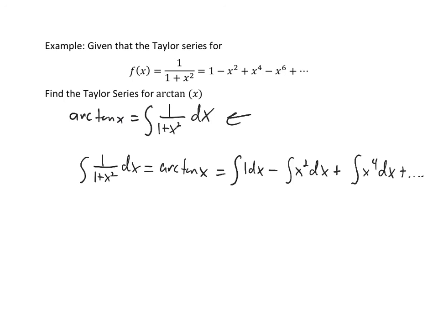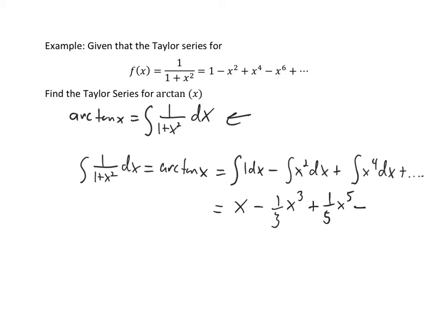And on and on. So if we do that, if we integrate 1, that's just x, minus, if we integrate x squared, that would be 1 over 3 x cubed. If we integrate x to the 4th, 1 over 5 x to the 5th, and so on.